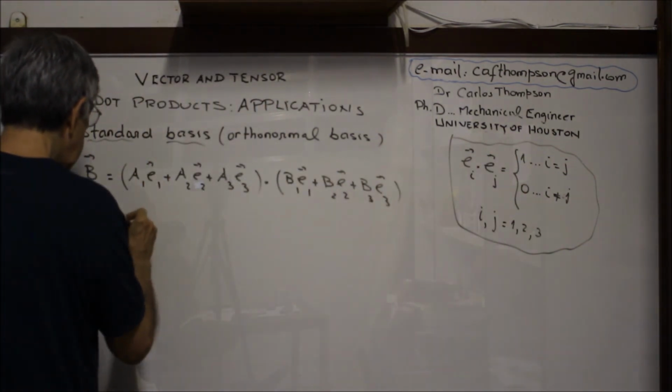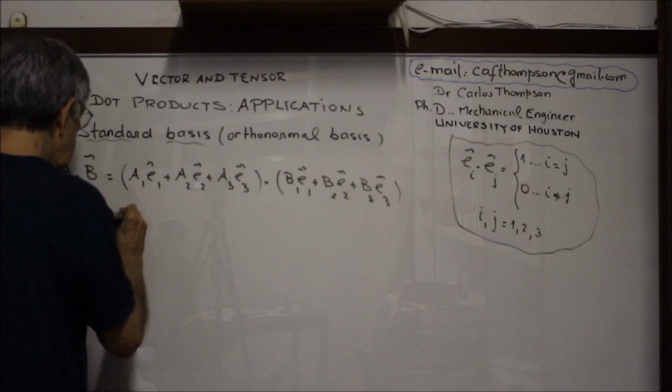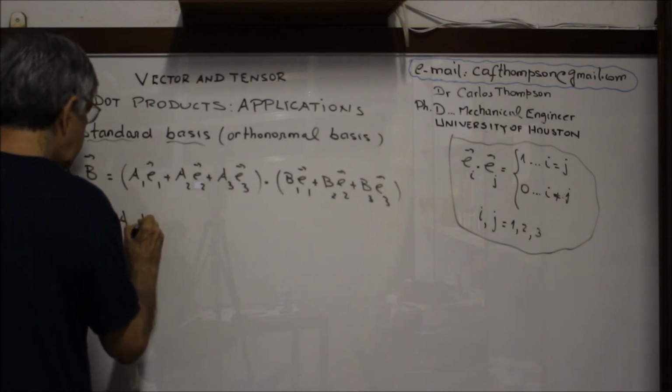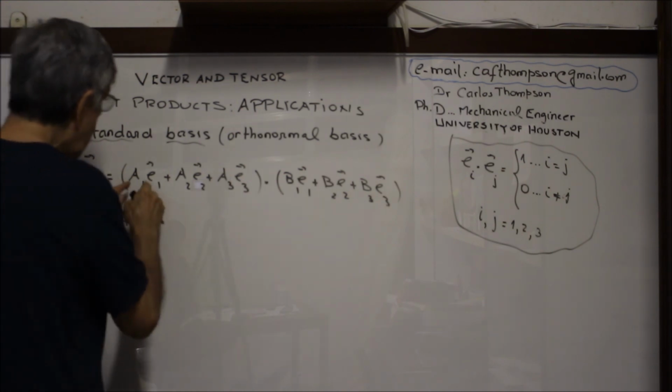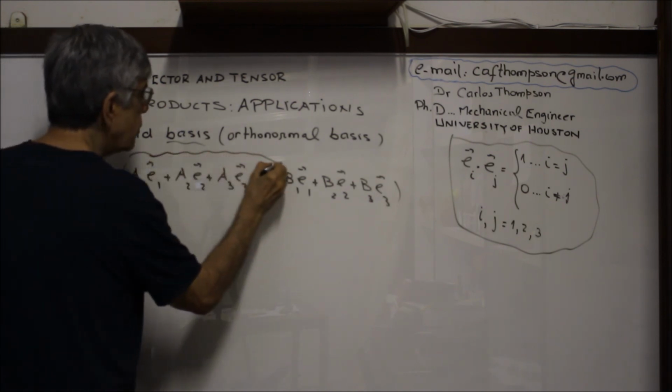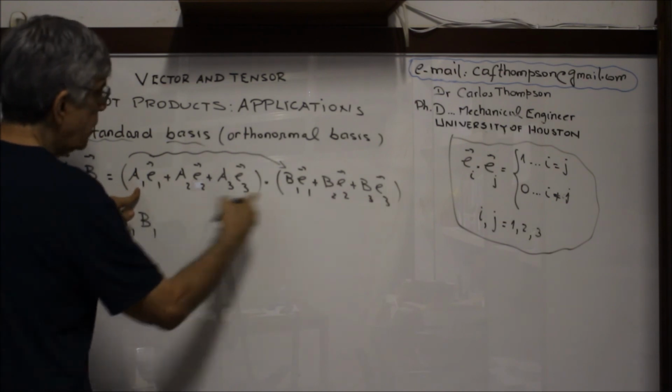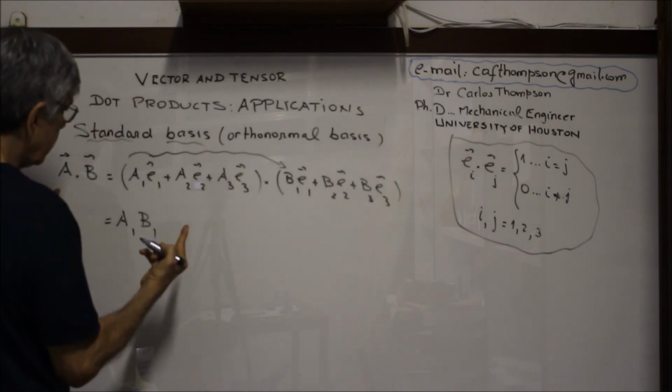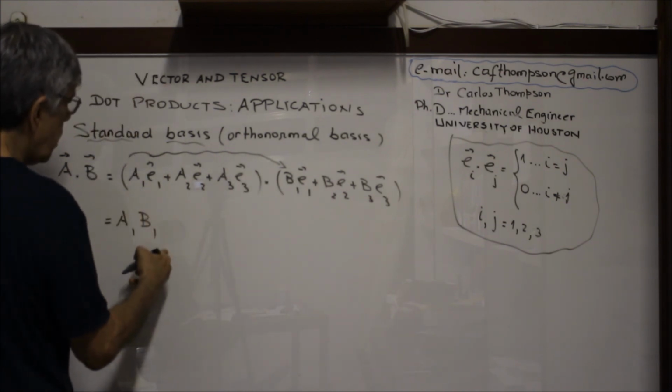And then I can write here A1 B1, because E1 dot E1 will be 1. Then it will be A1 B1.